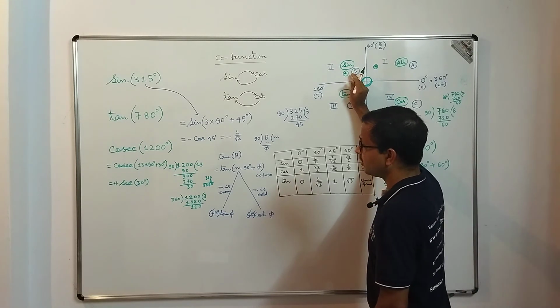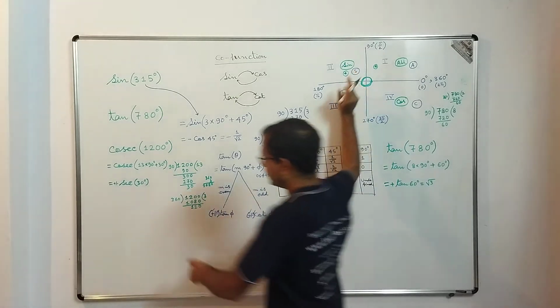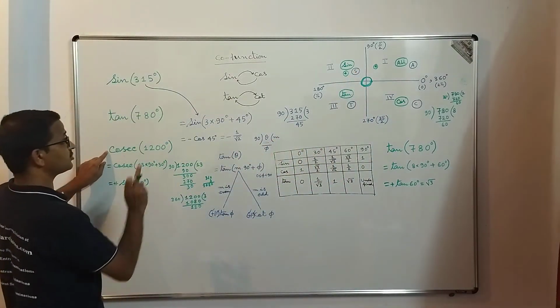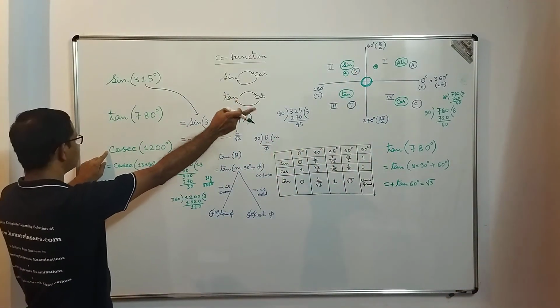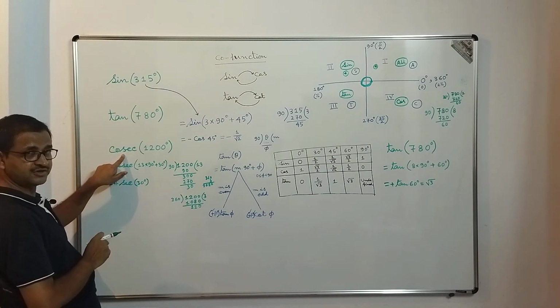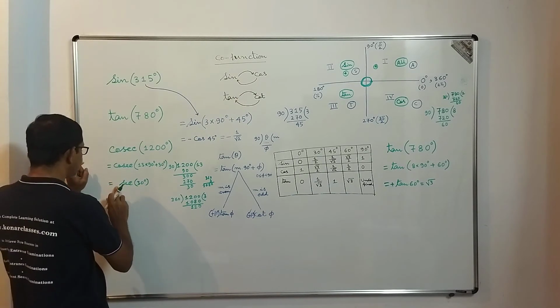In the second quadrant, sine is positive, so cosec, which is 1 by sine, should also be positive. So we should take the plus sign.